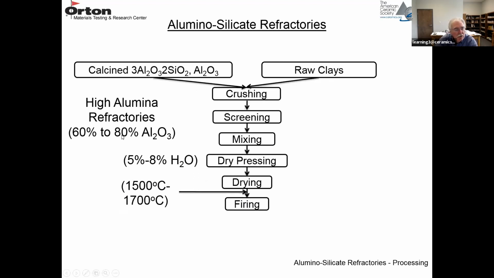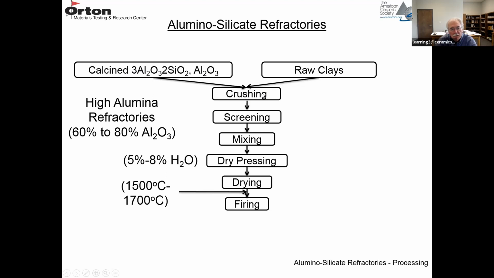When you get up to percentages approaching 80% alumina, your raw materials will be a mullite source, a synthetic mullite, or a synthetic alumina. And you may still have raw clay as your matrix bonding phase.